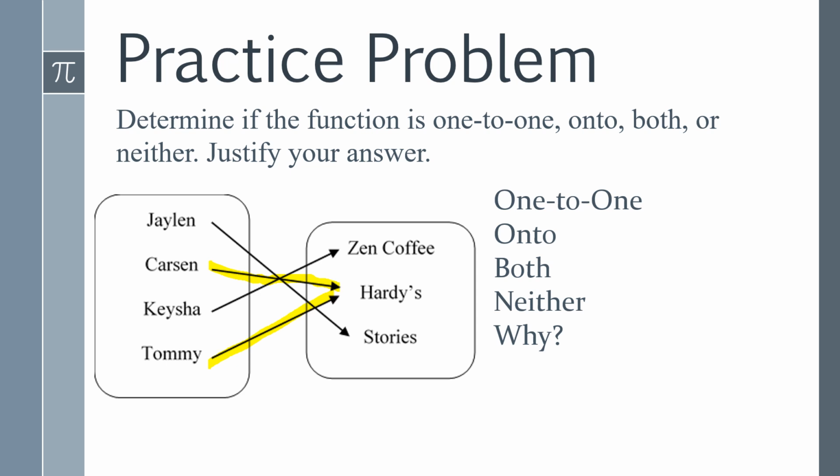Okay, so due to this, we're with onto, right? So two domain values have the same range value.